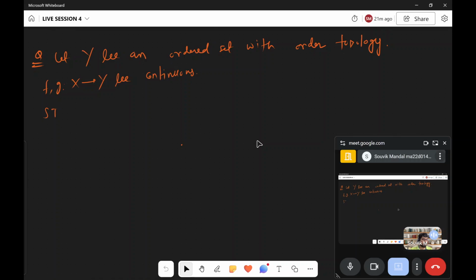In that case, show that the collection of all those points x such that f of x is less than or equal to g of x is closed in X.